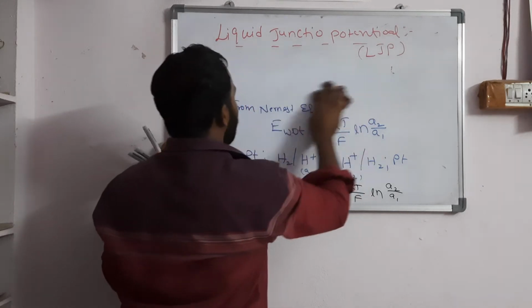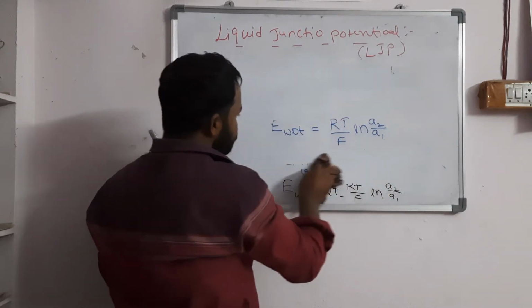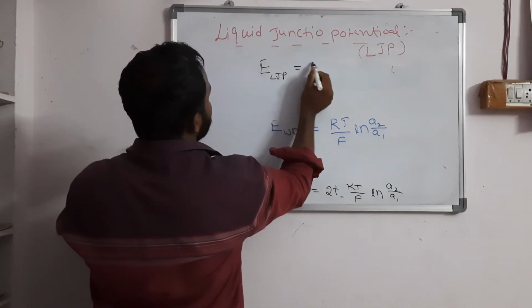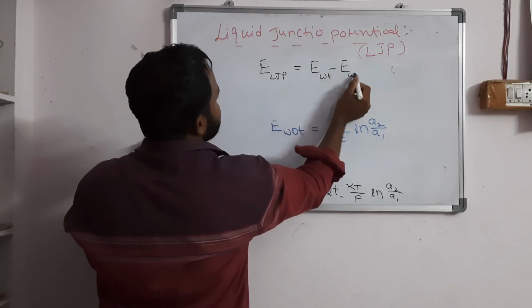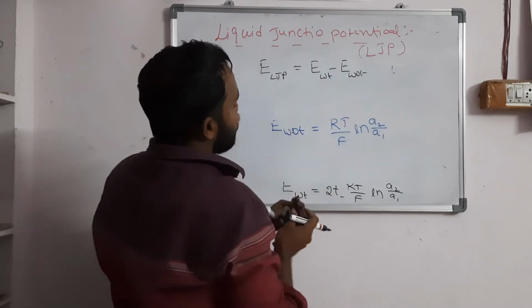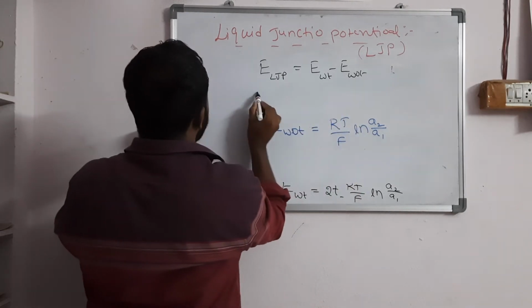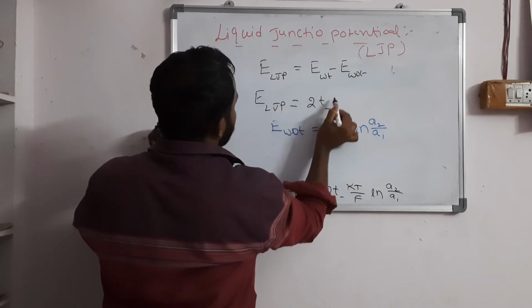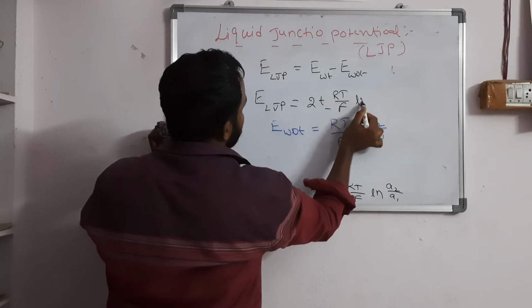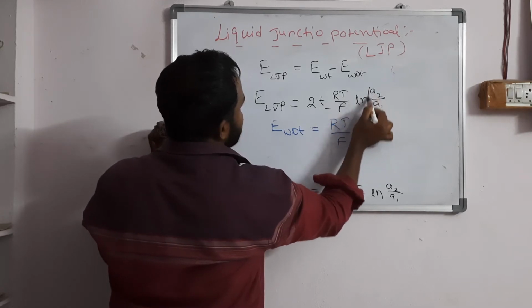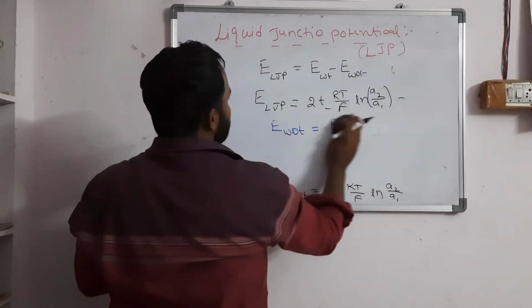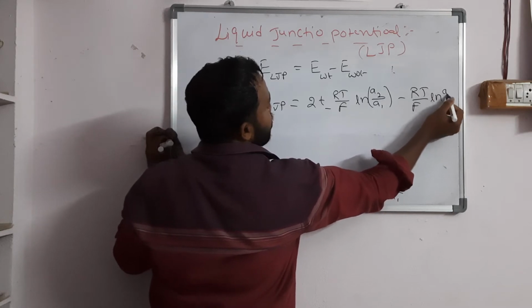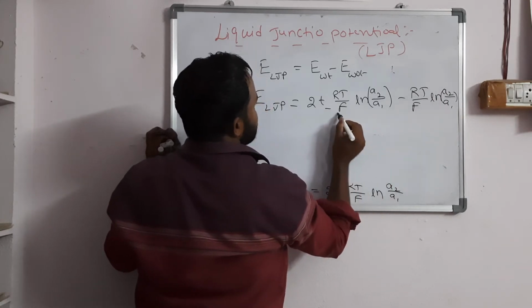E LJP is equal to E with, which is 2t minus RT by F ln of A2 by A1, minus E without, which is RT by F ln of A2 by A1. So this is the common term.